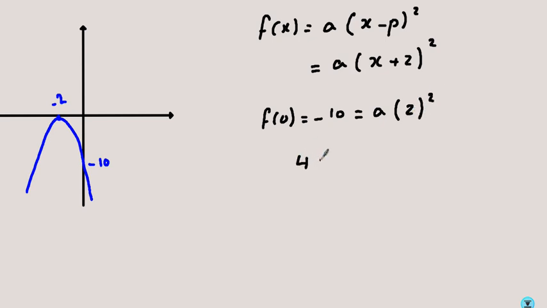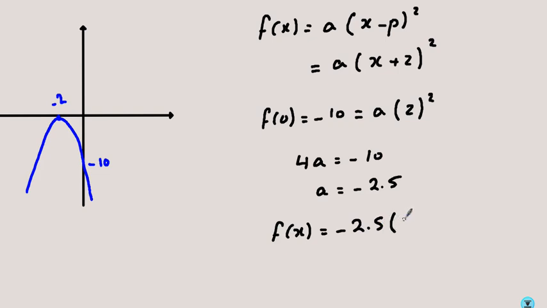So 4a equals -10, and therefore a equals -2.5. So the quadratic is f of x is equal to -2.5 times x plus 2 whole squared.